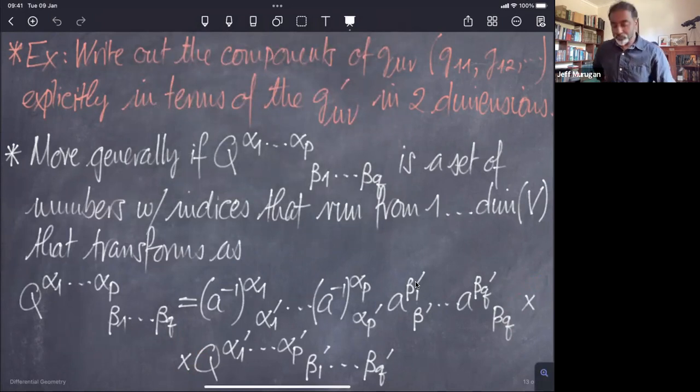Okay. So if I have the set of objects Q that transform in this particular way, then I will call this Q the components of a tensor of type P Q. In other words, I've got P upstairs indices, Q downstairs indices.